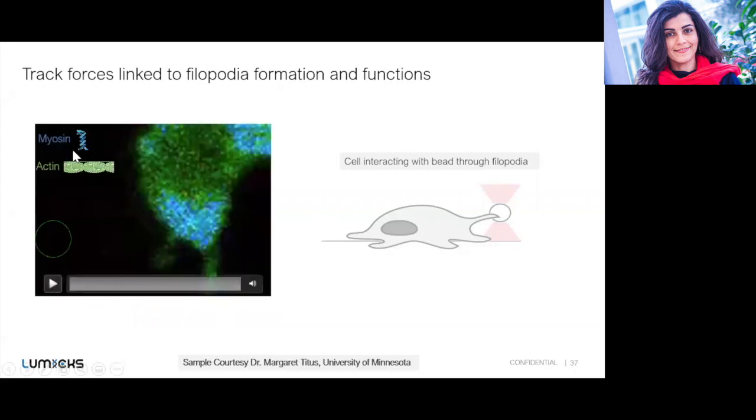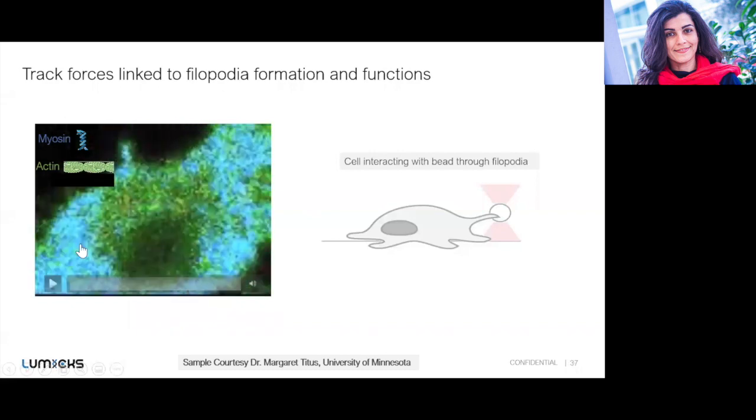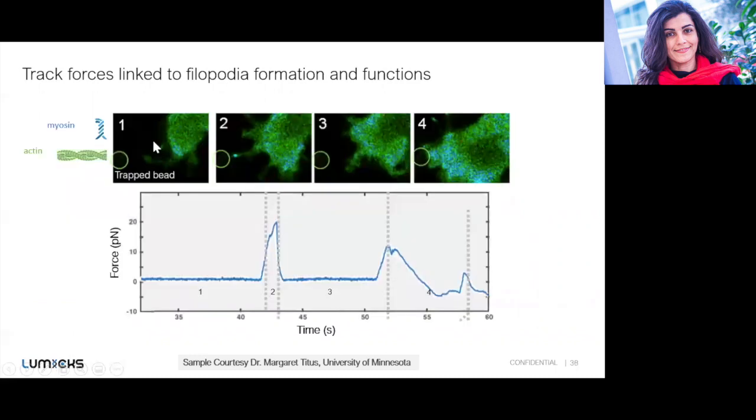As you can see here in this movie, when the cell feels that there is a bead in its environment, it extends these protrusions and moves toward this bead. Here in these snapshots, you can see it better. The cell feels the presence of the bead, and it has these protrusions that extend toward the bead.